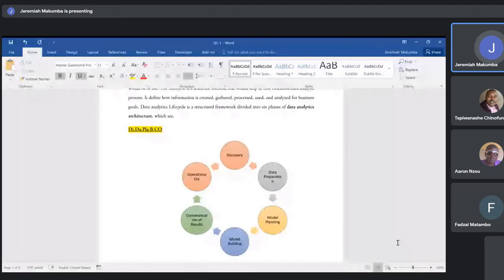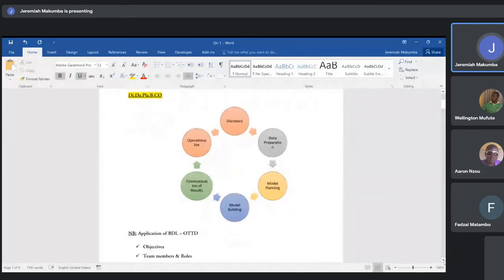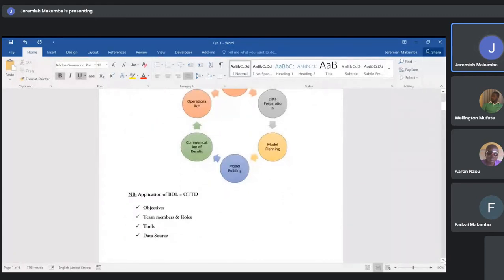So the D is discovery, DA is data preparation, PLA is planning of the model, B is building of the model, CO is communication, and O is operationalization.